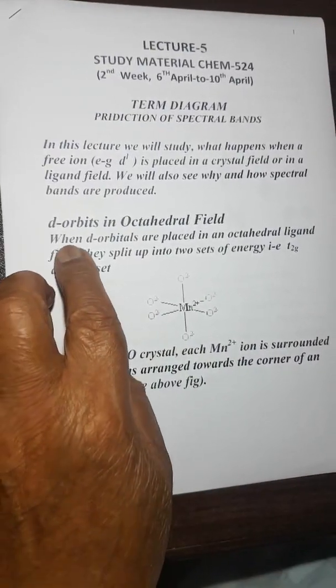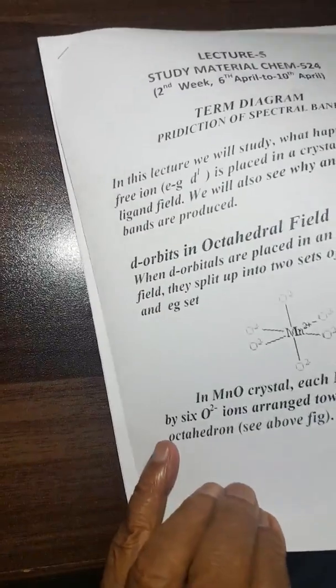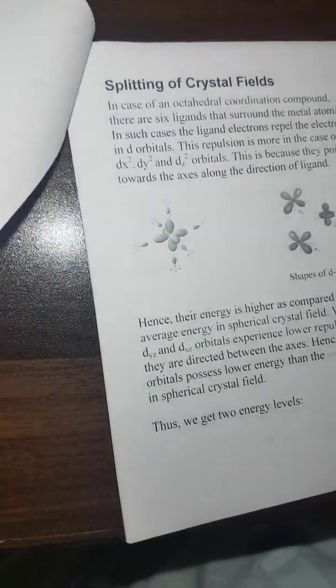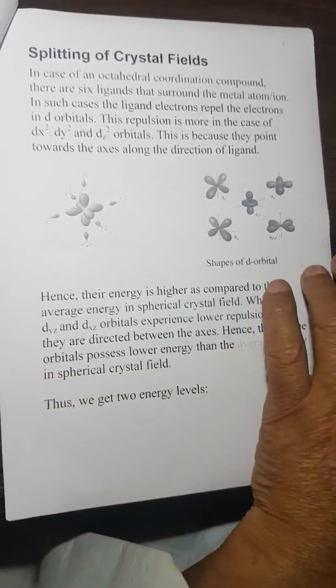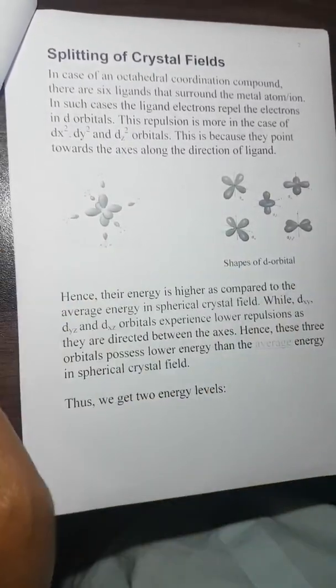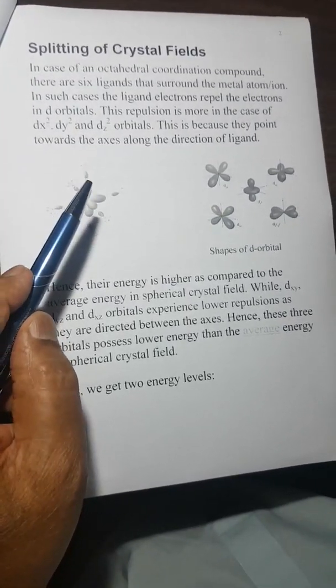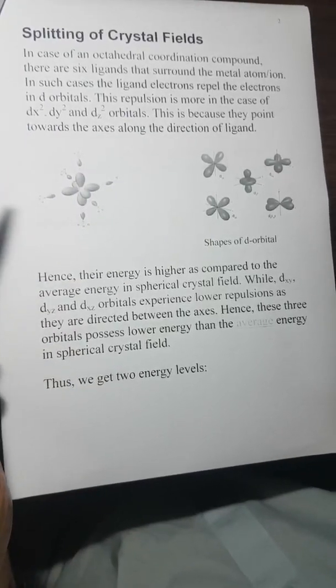This is what we mean when we say the d orbitals are placed in an octahedral field. It can be another field also. For example, the d orbitals can be placed in a tetrahedral field, or a square planar field, and all that kind of thing. So in each case, there will be a different pattern of splitting of energy.